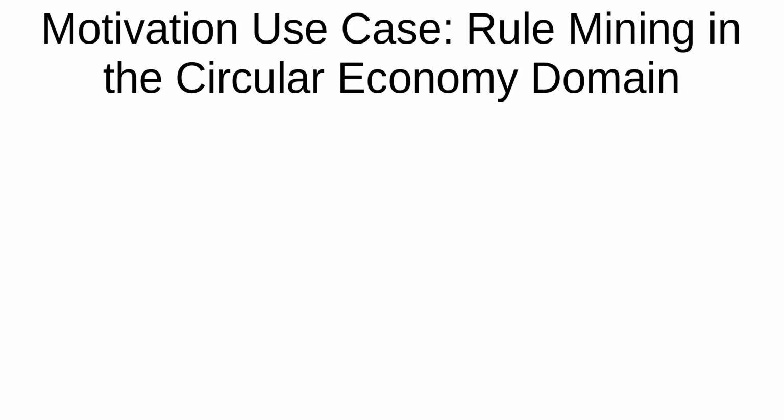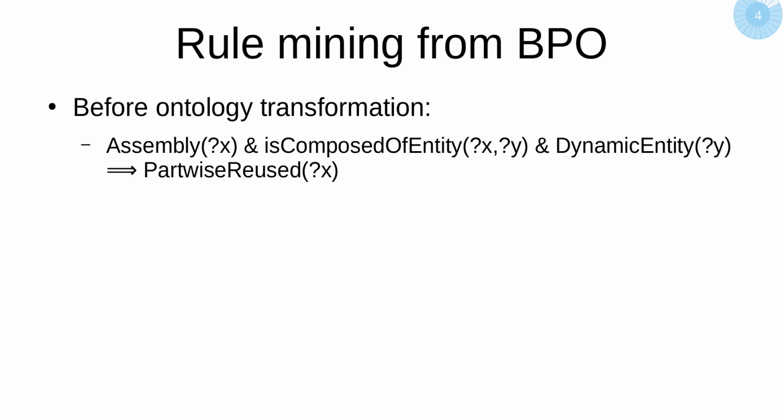The rule mining task in this case is over data which corresponds to the BPO ontology and some other interlinked ontologies, and we can have some possible output rule, for example, that the process can find that if an assembly contains a dynamic entity, and we consider a dynamic entity as multiple components, undistinguished among each other, which could then be reused in its parts.